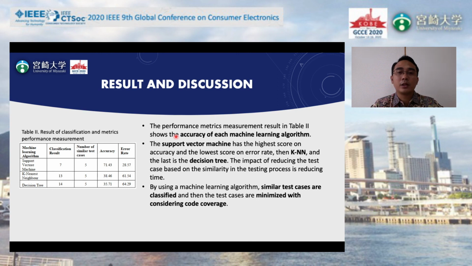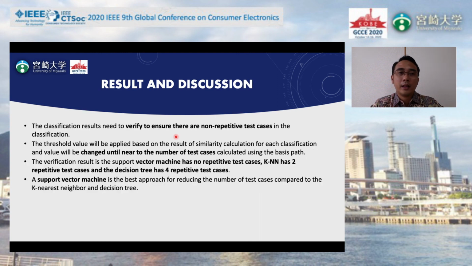The classification result needs to be verified to ensure there are non-repetitive test cases. The verification result is that the support vector machine has no repetitive test case, KNN has 2 repetitive test cases, and the decision tree has 4 repetitive test cases. The support vector machine is the best approach for reducing the number of test cases compared to the other approaches.